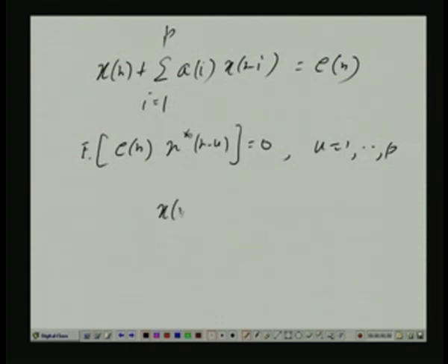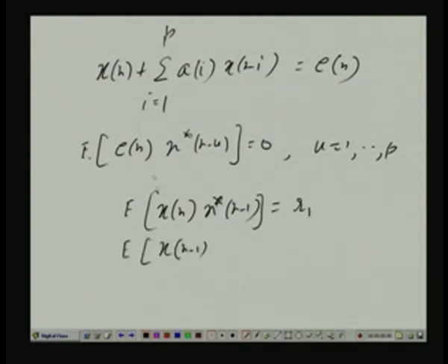So x n x star n minus 1, if you take E of that, you obviously get r 1. Next term is E of, I am not taking the coefficients, they will be handled separately. Let me do it elaborately, because by skipping some steps I was making mistakes, or maybe it was resulting in confusion.